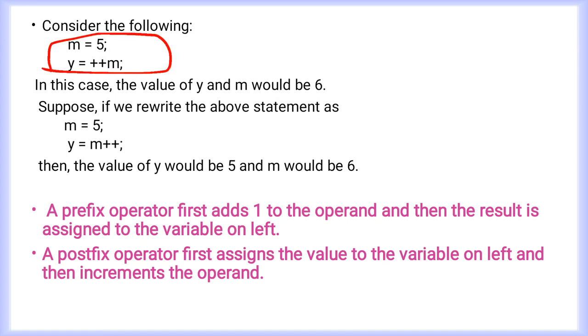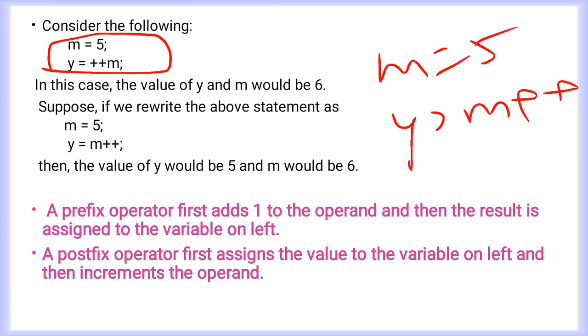Suppose we rewrite the above statement as m is equal to 5, y is equal to m plus plus. What would the result of the two be? This is the first case, this is the second case. In the first case, y would have the value 6 and m would be 6, because with plus plus m the value is incremented first. With m plus plus, y would be 5 and m would be 6, because the increment happens the second time.